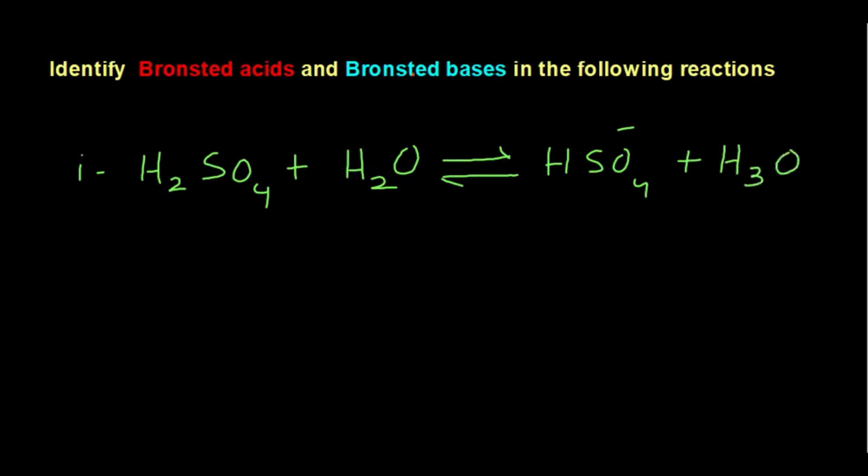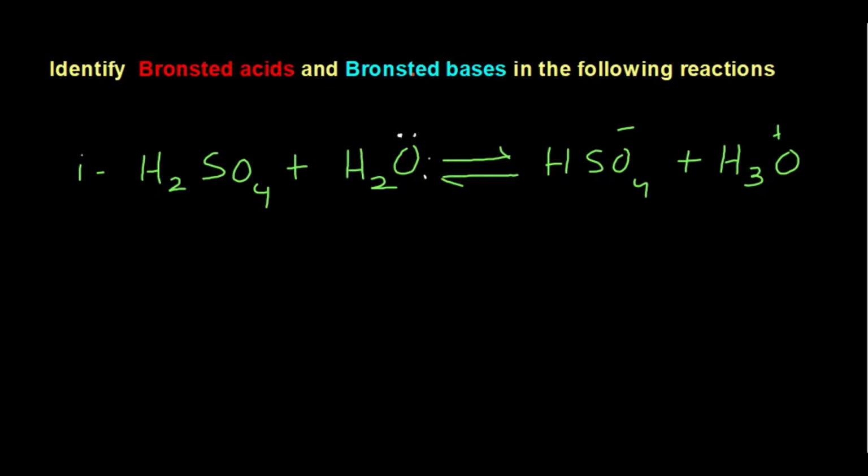We are asked to identify the Bronsted acid and Bronsted base in this reaction. Now we will see what Bronsted acids are. Bronsted acids are proton donors, while Bronsted bases are proton acceptors. Here we can notice H2SO4 is a proton donor, right?